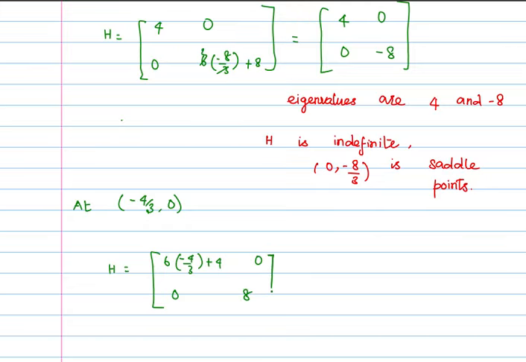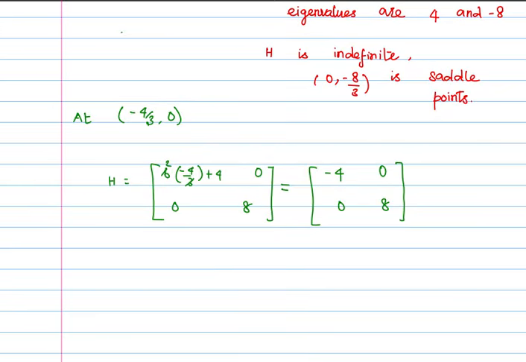So we get -8 plus 4 is -4, 0, 0, and 8. Here the eigenvalues are the main diagonal elements only, correct?